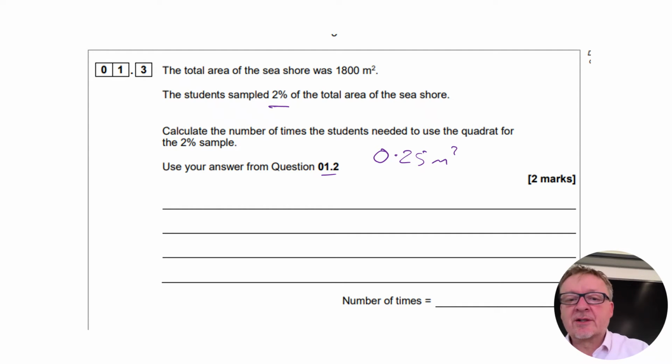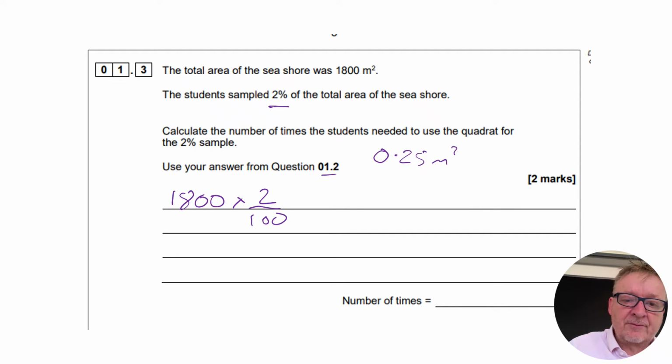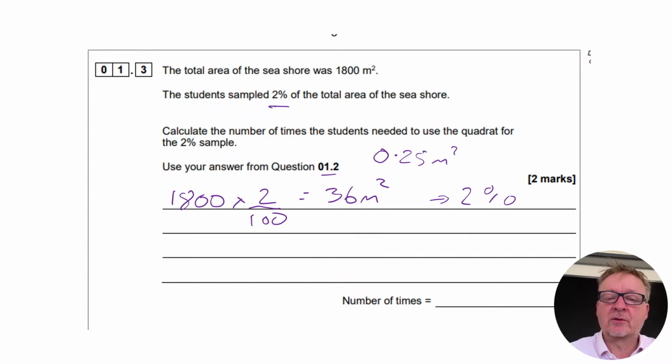The first thing we need to do is work out what 2% of 1,800 meters squared is. So I'm going to do 1,800 multiplied by 2 over 100, which equals 36 meters squared. That refers to 2% of the total area of the seashore.